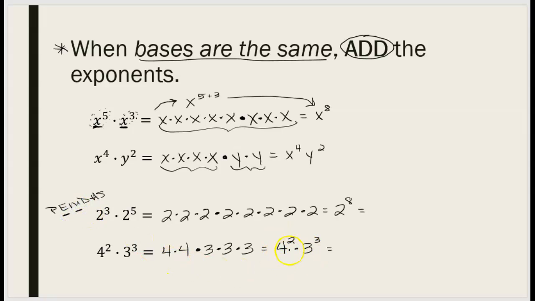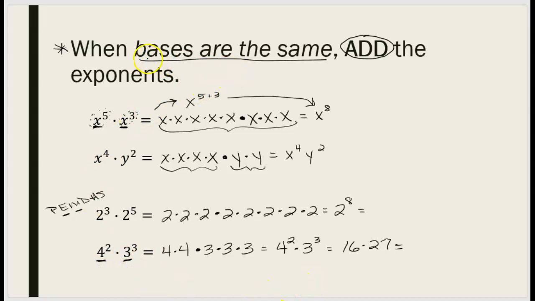So that means I need to simplify my exponents first. 4 squared, 4 to the 2nd power is 16 times 3 to the 3rd power is 27. And again, I have no idea what 16 times 27 is off the top of my head, but we could multiply that out with a calculator, okay? But this is the only way that I can simplify this problem because my bases are not the same, okay?